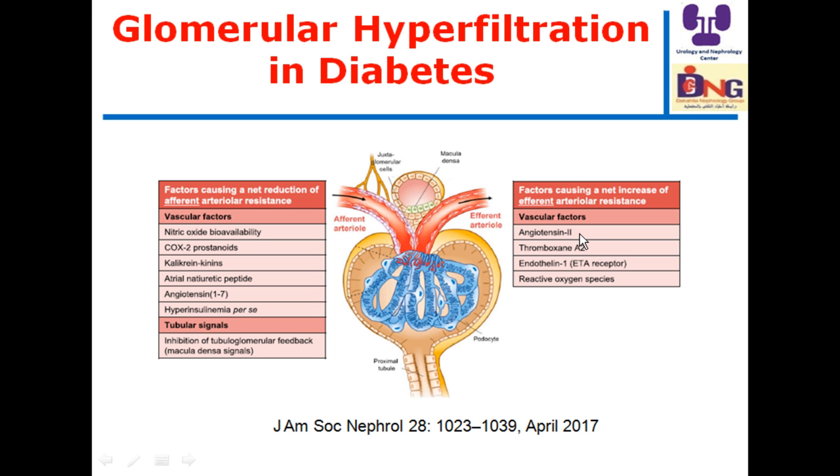Usually we need angiotensin 2 because it keeps the efferent arteriole constricted in relation to the afferent arteriole, maintaining hydrostatic pressure. But here angiotensin 2 is very high. Thromboxane A2, endothelin 1, and reactive oxygen species all lead to more afferent dilatation and efferent vasoconstriction, leading to hyperfiltration.